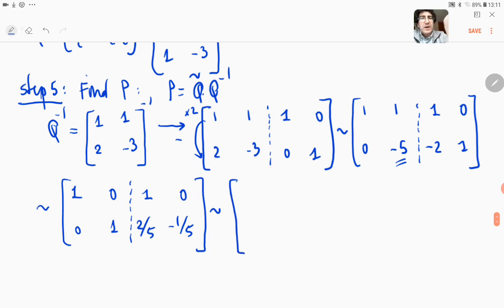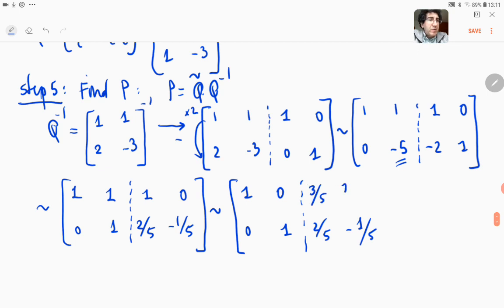Sorry, because I haven't subtracted yet, I still have a 1 here. Now I am subtracting it from the top row. So here I have 0, 1, 2 over 5 and minus 1 over 5. And when I subtract from the top row, I will get 1 and 0, and over here I will get 3 over 5 and 1 over 5.